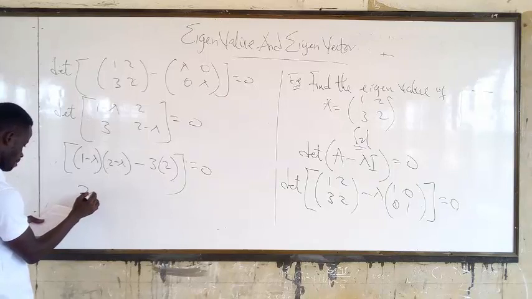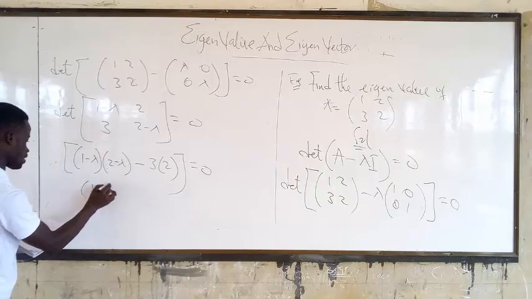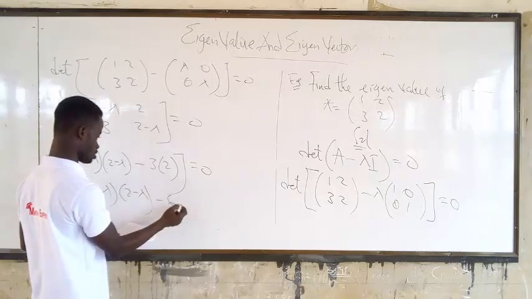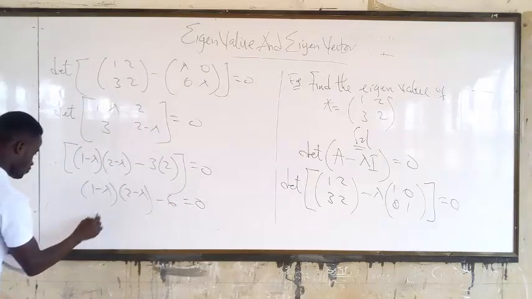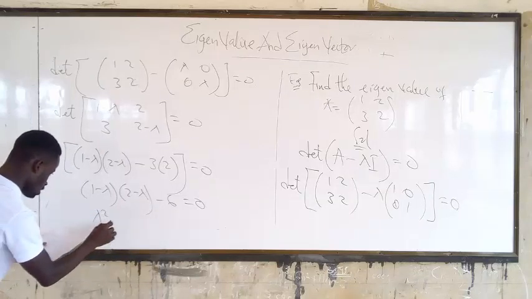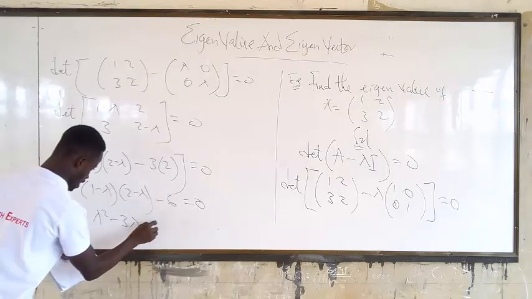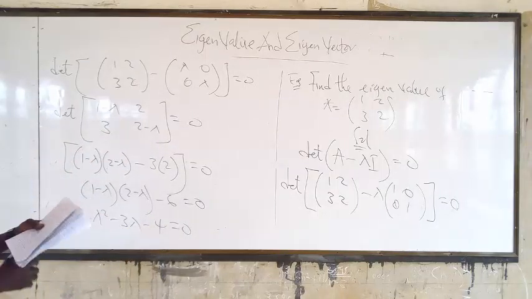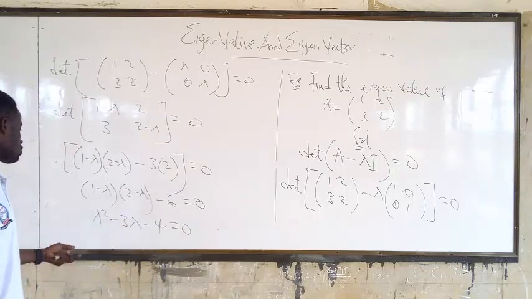So you are going to get (1 minus lambda)(2 minus lambda) minus 6 is equal to 0. So this is going to give you a quadratic equation of lambda squared minus 3 lambda minus 4 is equal to 0. Multiply it out, and that's what you're going to get.